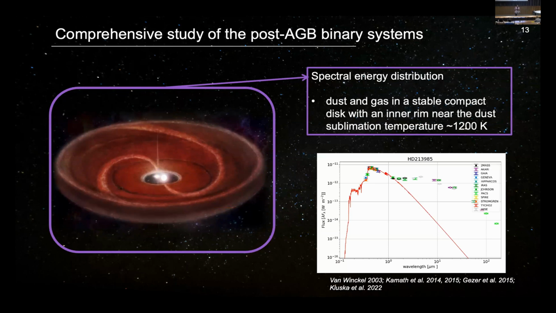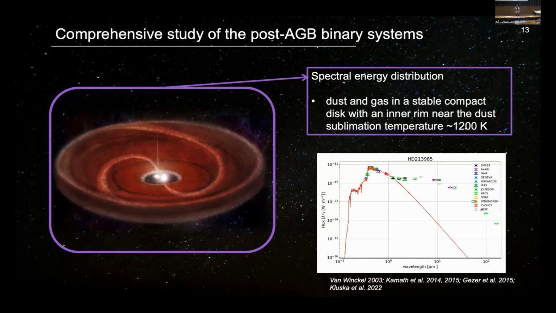While binary post-AGB stars were detected serendipitously, they show a characteristic spectral energy distribution, or SED, wherein the dust excess peaks in the near-infrared. Here in the image, you can see the characteristic spectral energy distribution for a post-AGB binary system. On the x-axis we have the wavelength, and on the y-axis the corresponding flux.